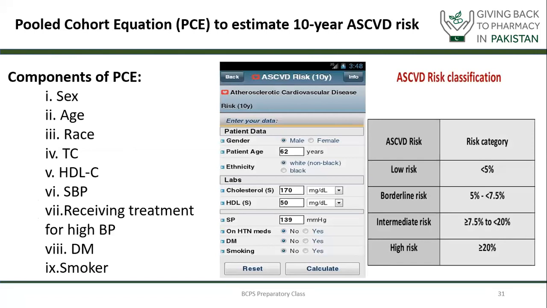This is used to calculate the risk of atherosclerotic vascular disease. There are different parameters, components of this pooled cohort equation. Usually, no one knows what score to give to each parameter, but there is an application on the mobile. You can calculate the atherosclerosis risk factor online.